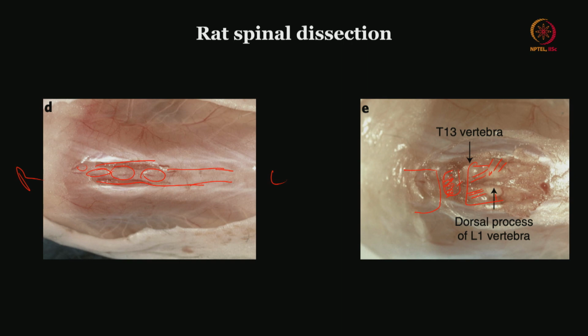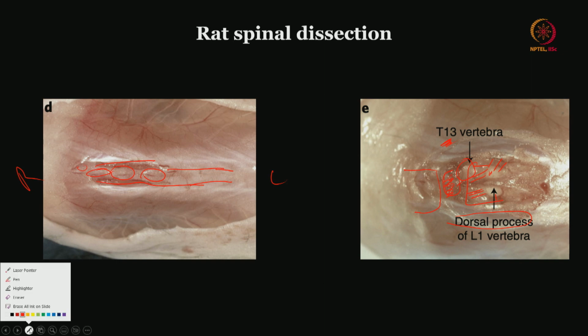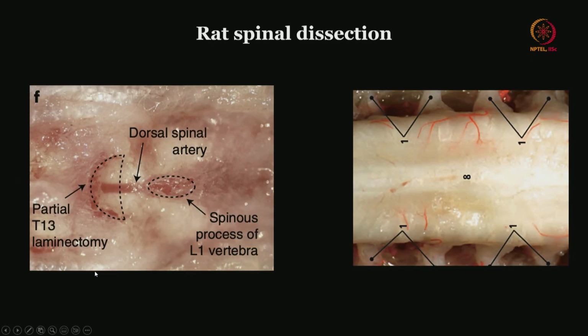Alright. So, once you do that, this vertebral anatomy will be appreciated. What you are seeing here is the T13, that is the 13th thoracic vertebra, and this is the spinous process of the L1 vertebra. So, that is very important to keep in mind. Once these landmarks are exposed, then comes the actual drilling or removal of the lamina, the process called laminectomy.